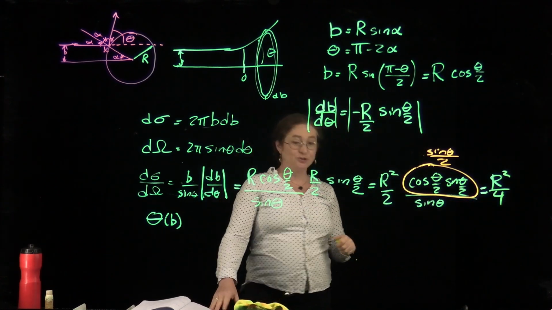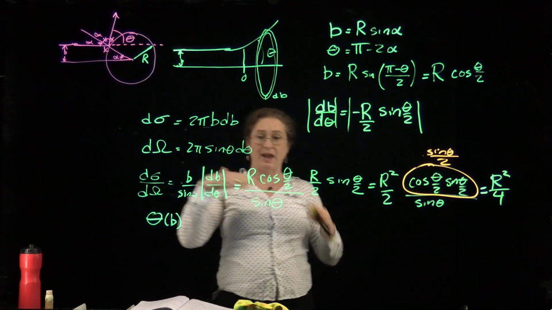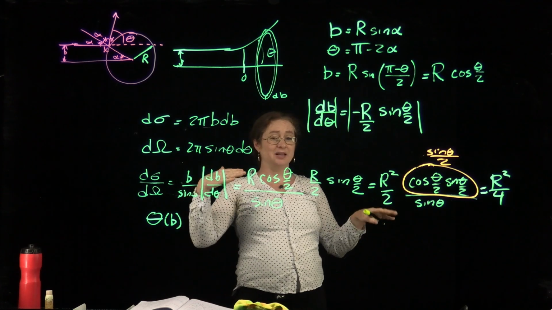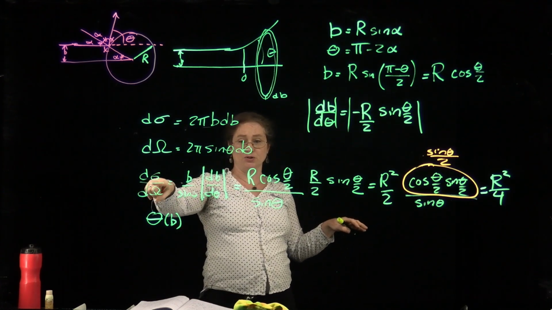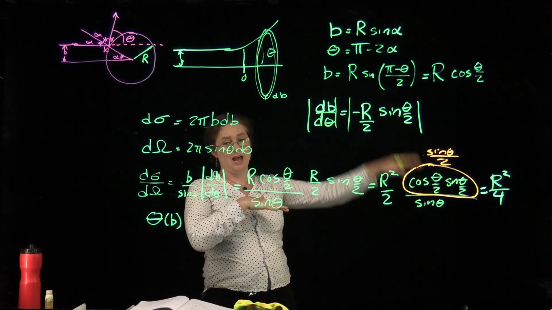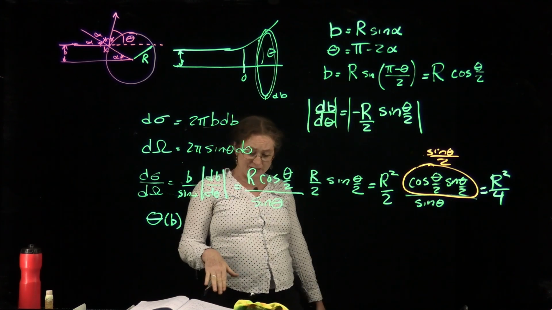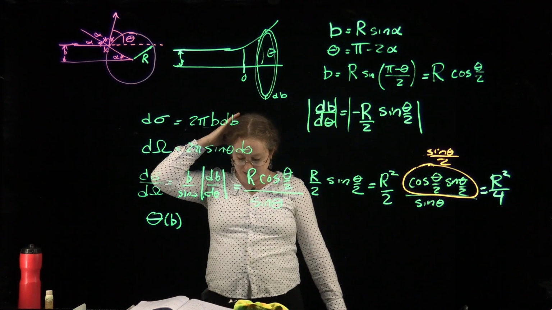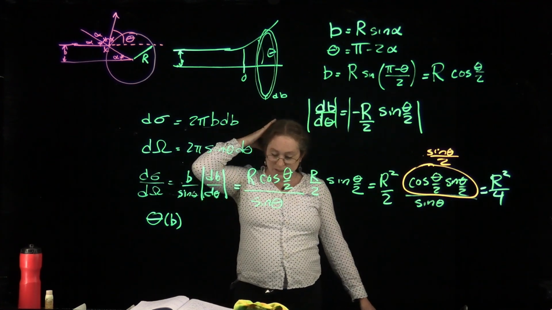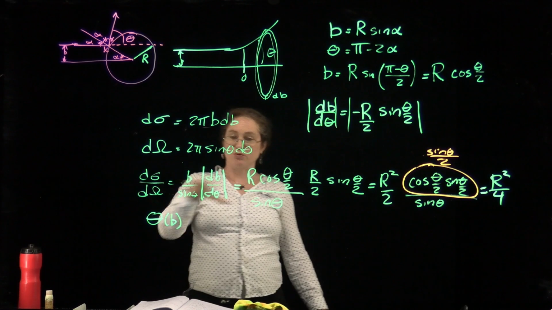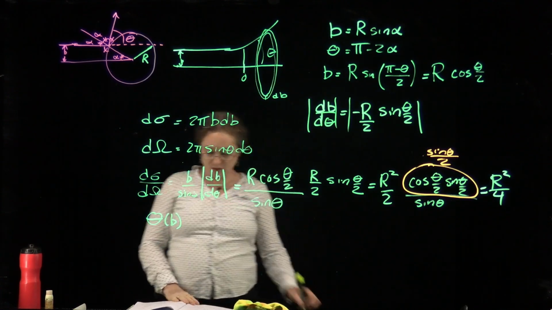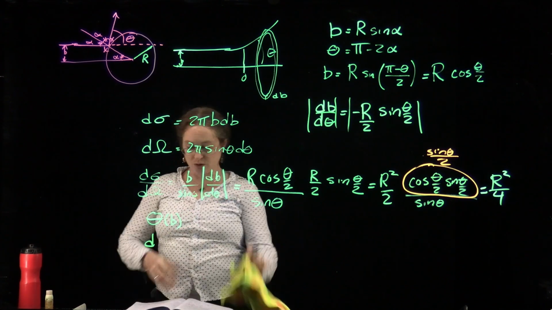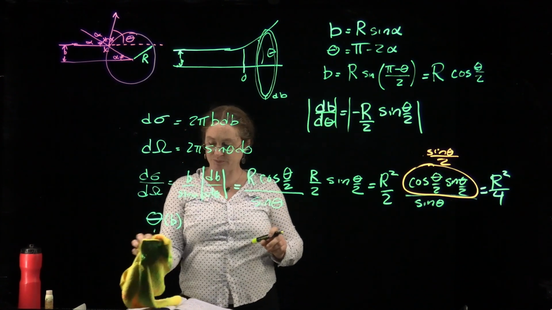So if you have hard spheres scattering off of each other, this tells you that the differential cross section, the number that you have per unit area, is a constant. And that's actually rather interesting because it is measurable. It tells you that this is isotropic. And then you can calculate the total cross section.